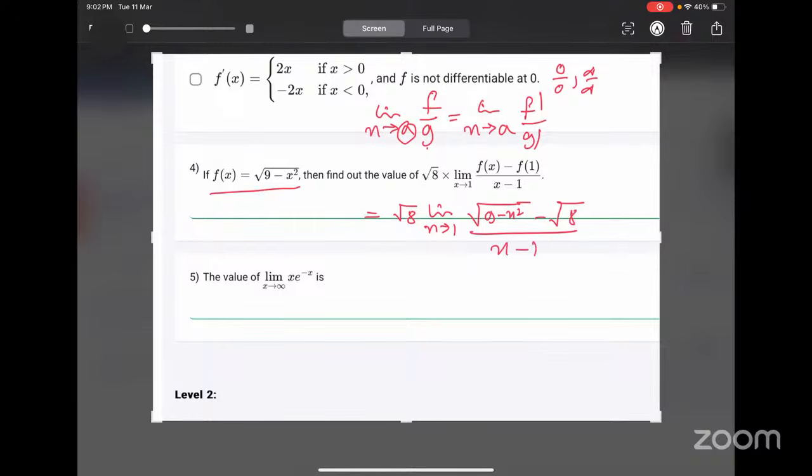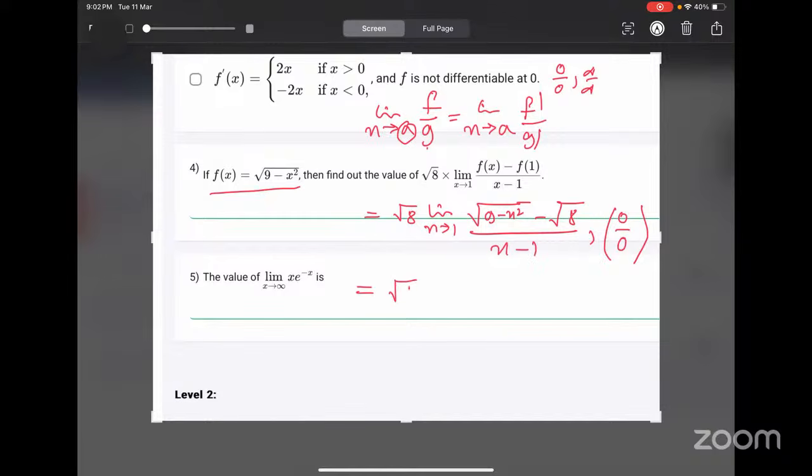If I put 1 instead of x, then we will get 0 by 0 form, right? Is it clear? Yes, ma'am. That means we can apply the L'Hopital rule.